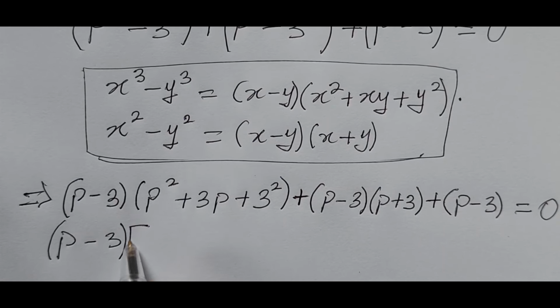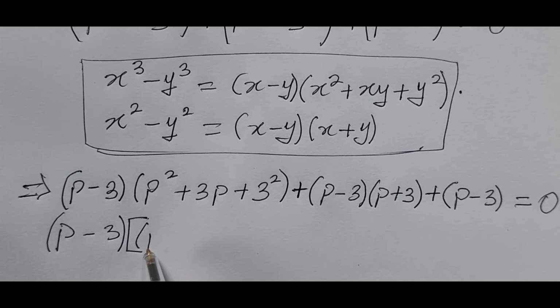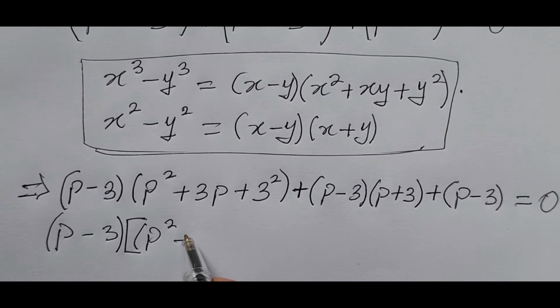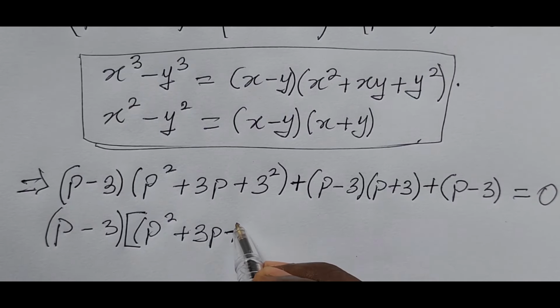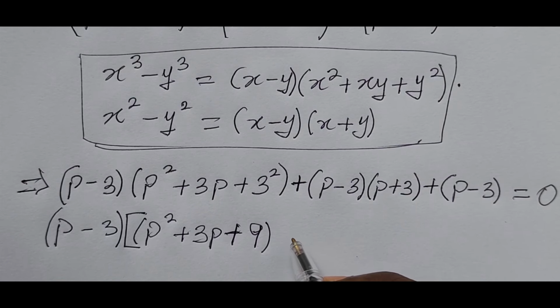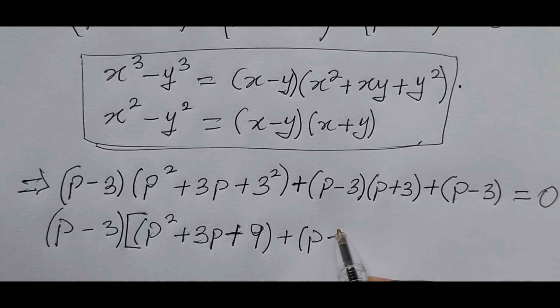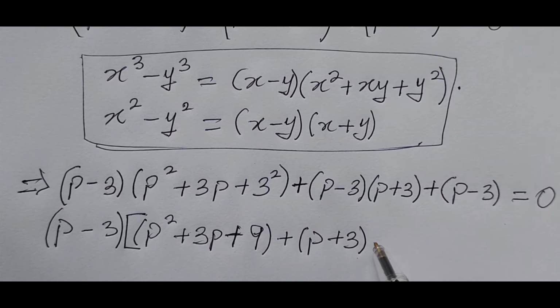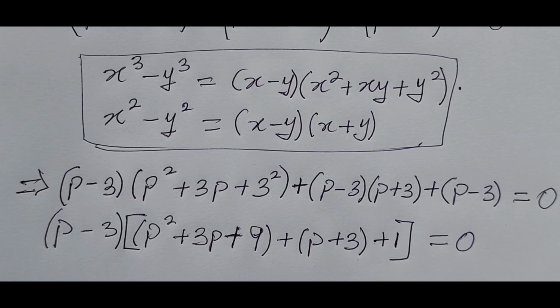So let's put this in a square bracket: open bracket, p² + 3p + 9, since 3² gives us 9, close bracket, plus, we use this to divide this, and we are left with just (p + 3), close bracket, plus, here we are left with 1. The square bracket closes, equal to 0, right?